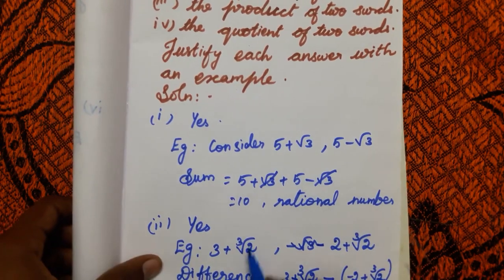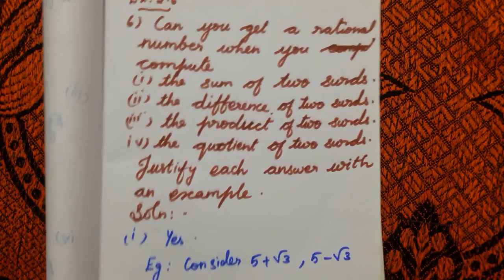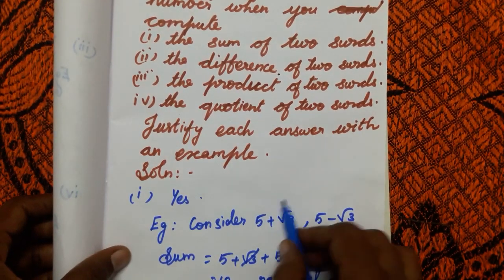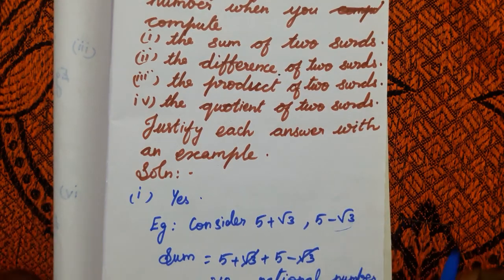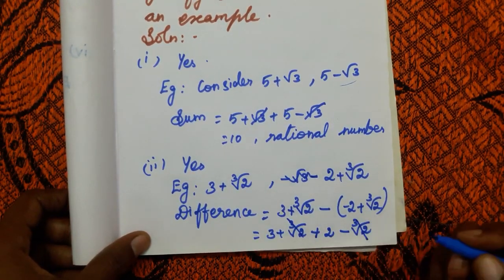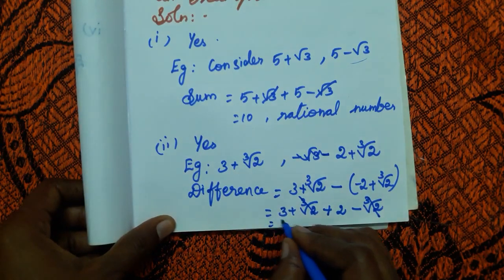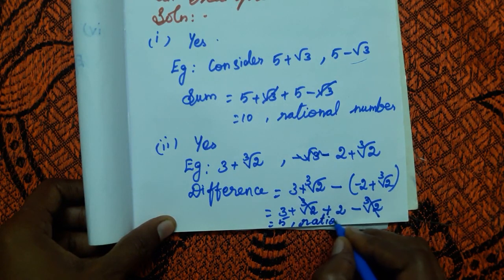Like that we have to select. Here the cube root of 2 will cancel. 3 plus 2 is equal to 5. 5 is a rational number.